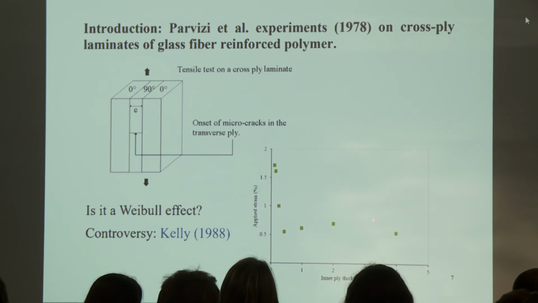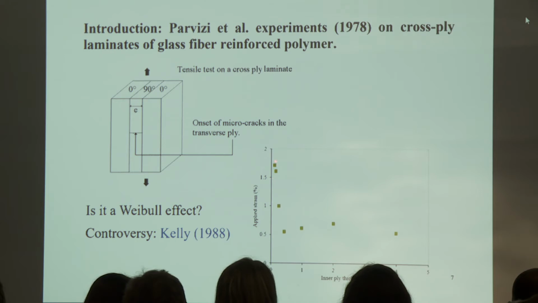And what they obtained is something like that. This is the applied strain when the first transverse crack appears in the middle layer. What is to be retained here is this dramatic increase in the applied strain when the inner layer becomes very small.